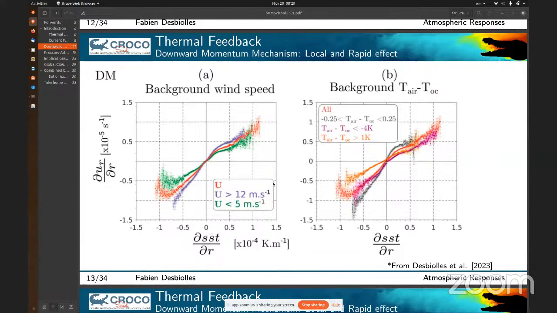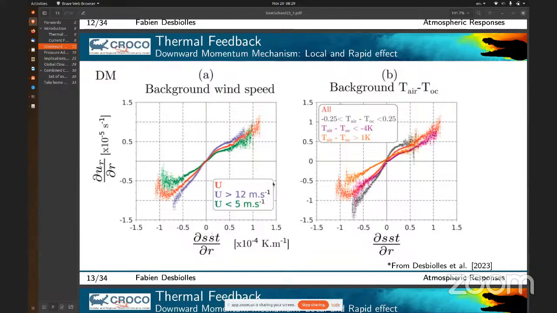On the right, this is exactly the same exercise. The red dots are actually the same over the global ocean. And here I differentiate with different background wind speeds. And we see that the violet curve has a greater coupling coefficient. So that means that the greater the wind, the greater the coupling coefficient.